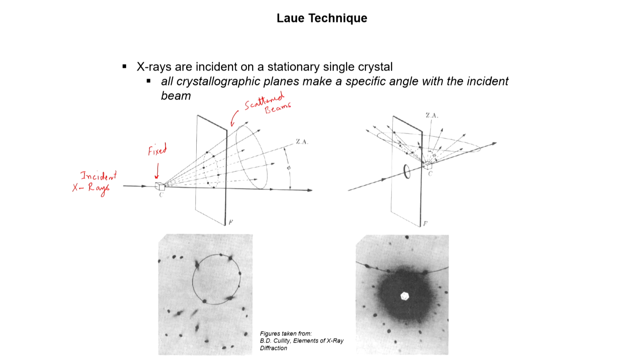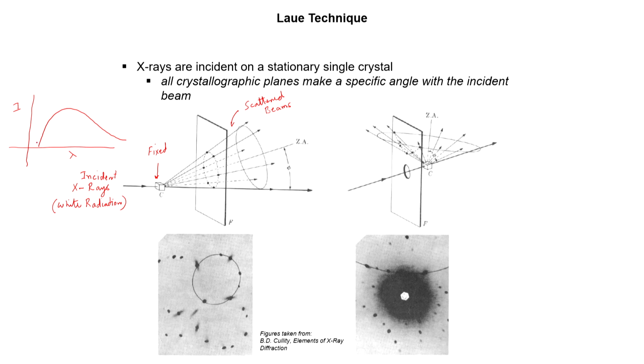Now, incident X-rays, let me remind you, is a white radiation. So, therefore, it will have a range of wavelengths. If you look at the X-ray spectra of the white radiation, it is something like this. On the horizontal axis, it is the wavelength, and out here is the intensity of the beam.